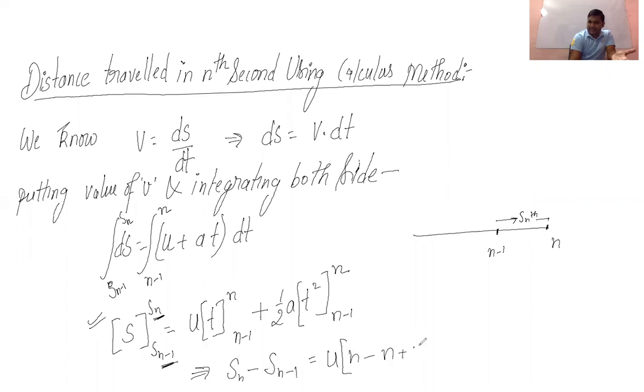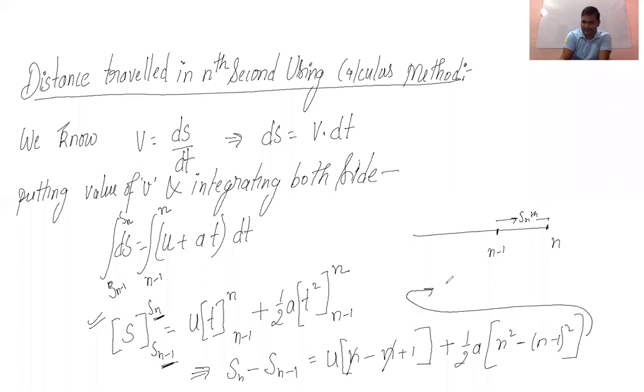So this will become plus. Once you write here half a, and for t square you need to write the first n square minus (n minus 1) whole square. This you have to solve. You can see from here, this will be cancelled out, this will be u only. And once you solve, Sn minus 1 will be Snth, and it will be your u.